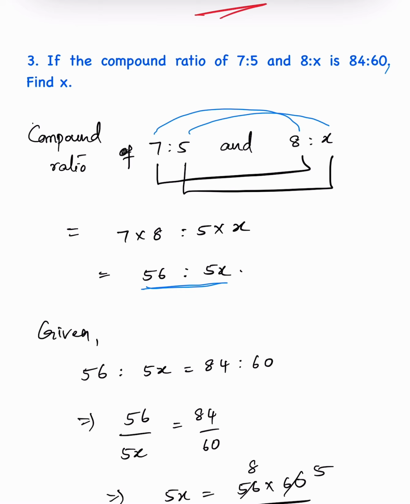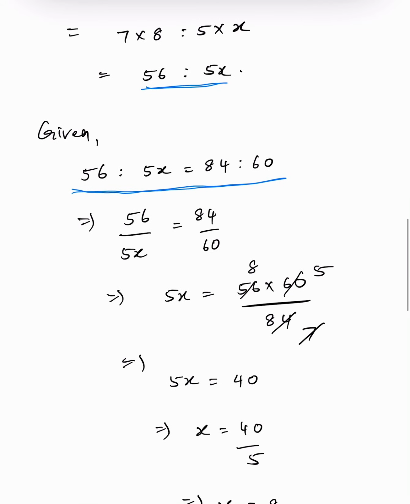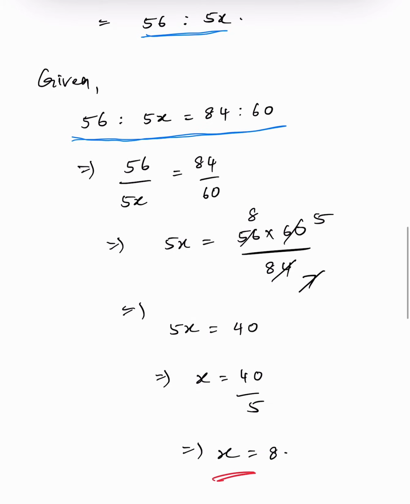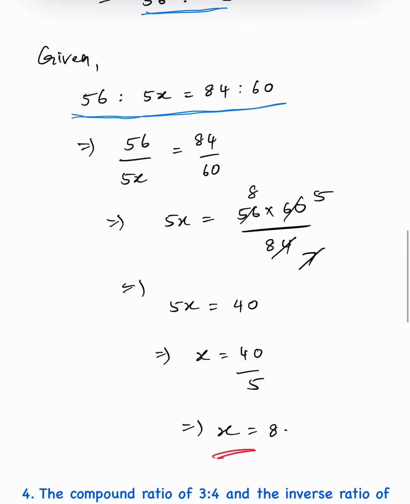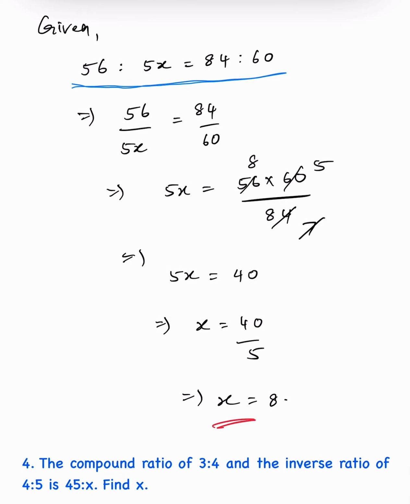So let us equate these two ratios. 56 by 5x equals 84 by 60. Therefore 5x equals 56 into 60 by 84. 5x equals 40. X equals 40 by 5. So x equals 8.